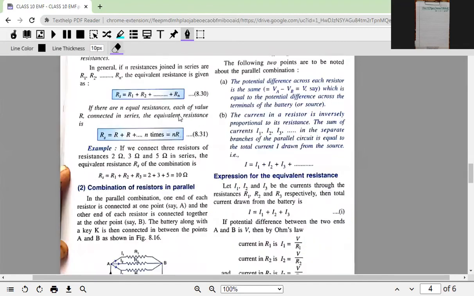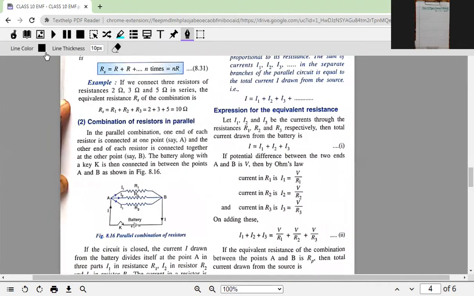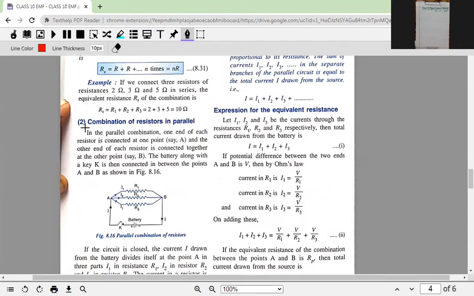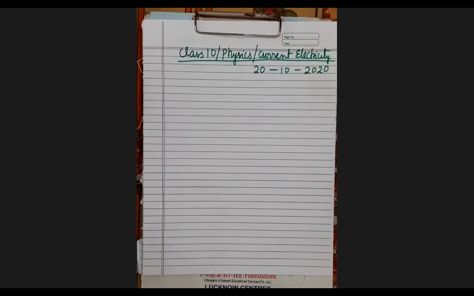You can see from here, this parallel combination of resistors, that is when resistors are connected in parallel. So you can see what the parallel combination of resistors is.